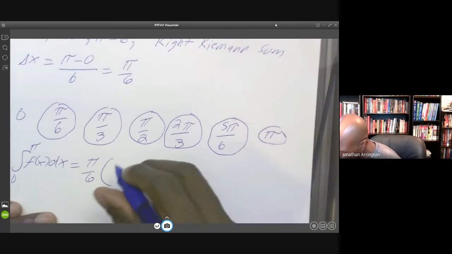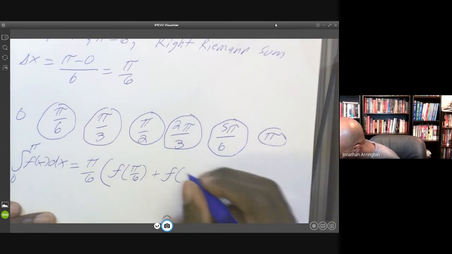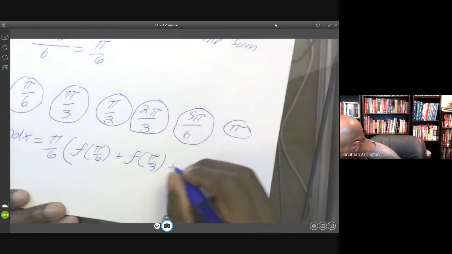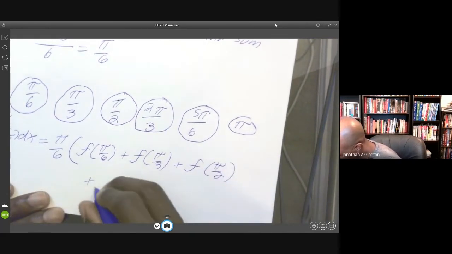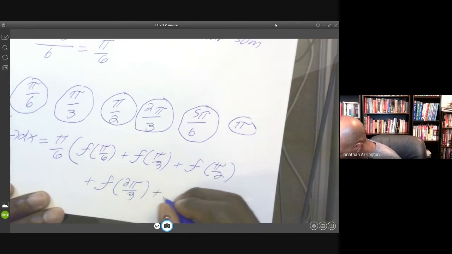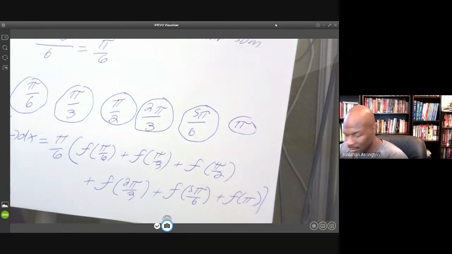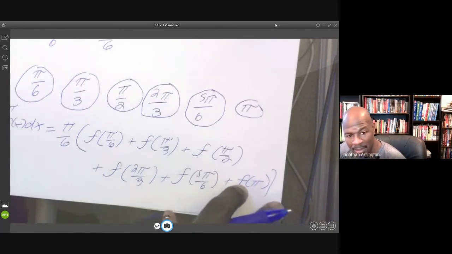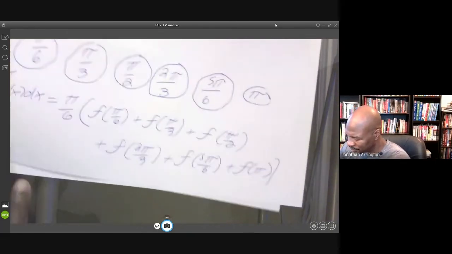So pi over 6 times f of pi over 6 plus f of pi over 3 plus f of pi over 2 plus f of 2 pi over 3 plus f of 5 pi over 6 plus f of pi. All right. So you've got 6 subintervals, so it's going to be 6 little calculations that you have to do. Okay, so let's figure this stuff out.